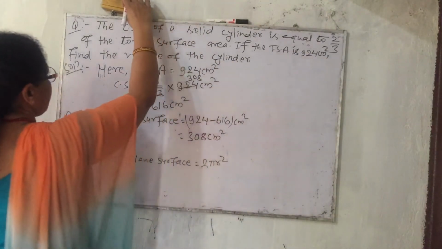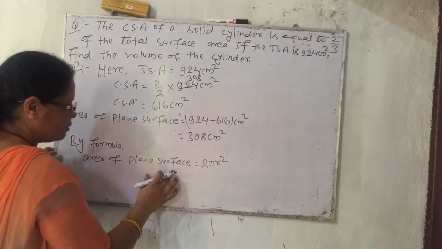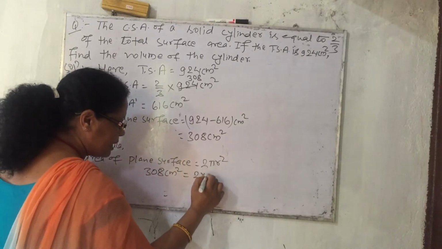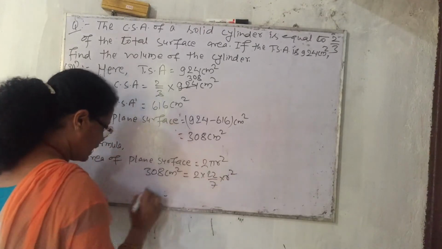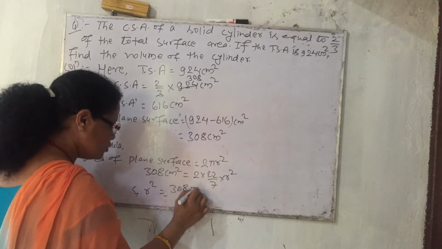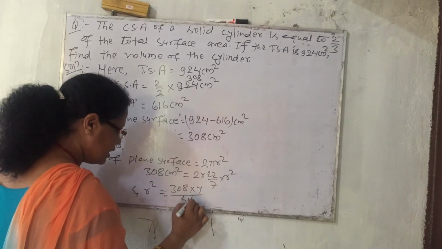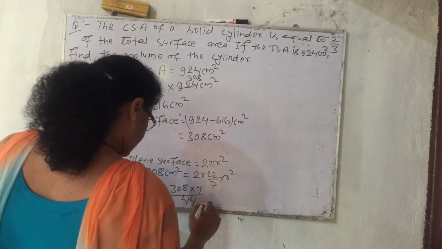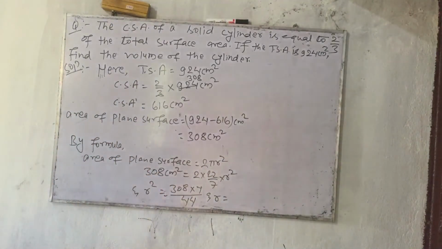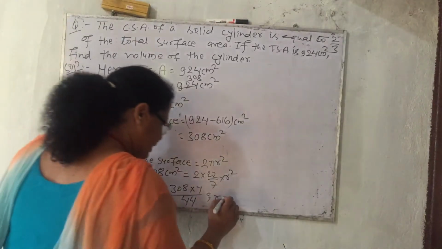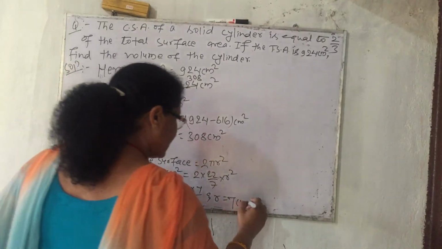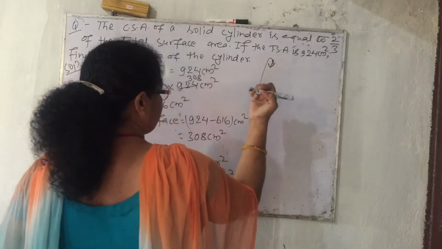After that, 2 pi r square, the value is given here, 308 cm square equals 2 into 22/7 r square, or r square equals 308 into 7 divided by 44, or r equals 7 centimeter. Now the value of r we have got.